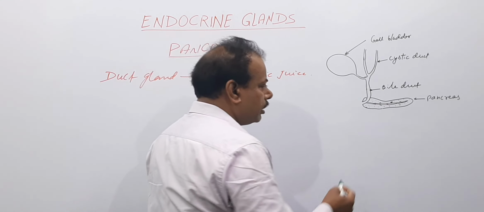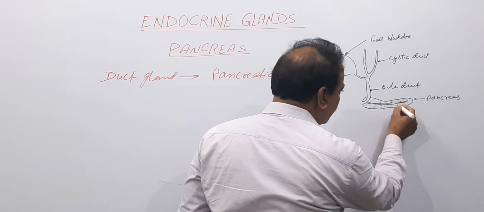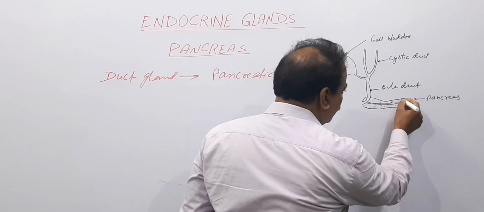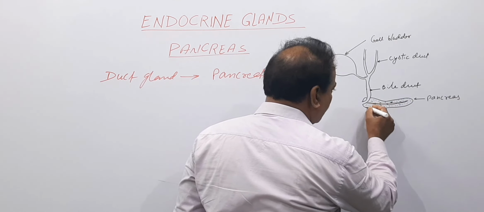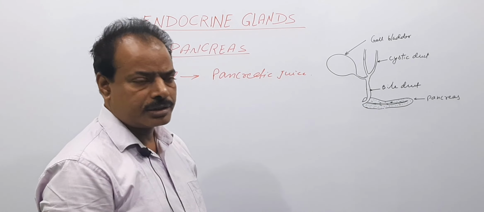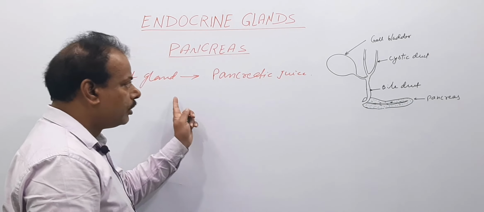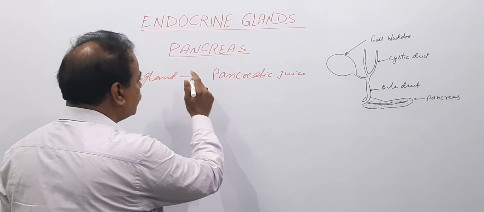Again, there are a number of cells, also known as islets of Langerhans, scattered throughout the pancreas. So at first, the pancreas is considered a mixed gland.